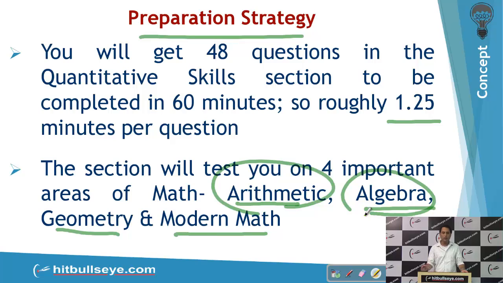If you look at algebra, you talk about equations, simple and quadratic both. We talk about geometry and we talk about circles and triangles in a very relevant manner. If you talk about modern math, it will unfold areas like permutations, combinations, probability, functions, logarithms. So this is a sectional plan for the quantitative skills area.